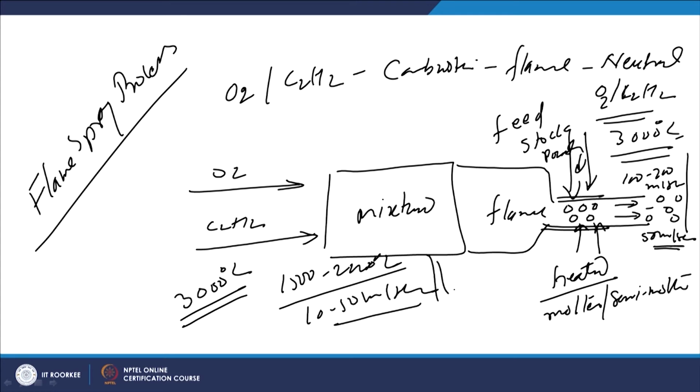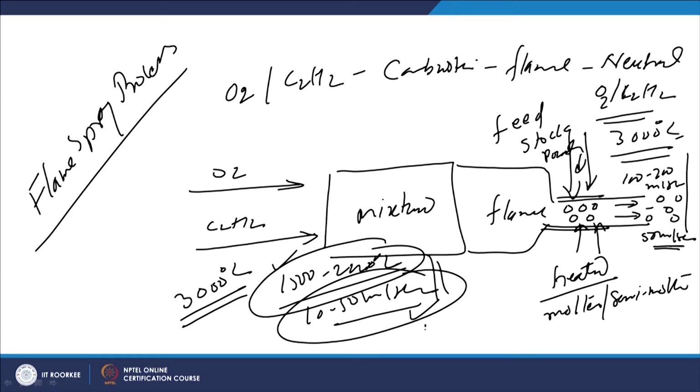Since in this case the particle velocity is limited and the flame temperature is limited, the low temperature of the flame is favorable with regard to reduced thermal damage of the feedstock material, but the limited particle velocity permits longer exposure of the feedstock material within the flame.